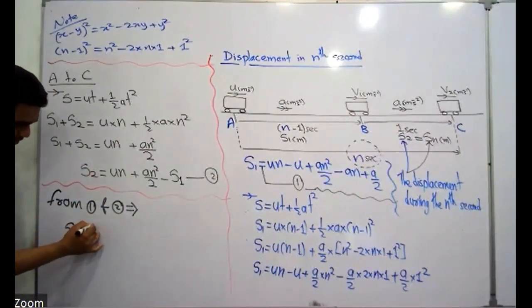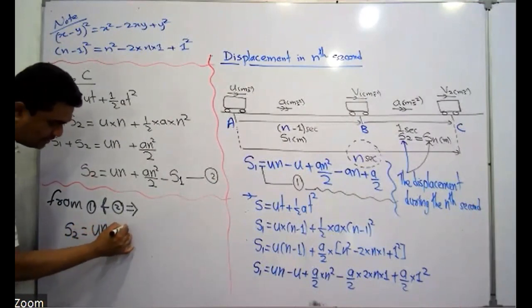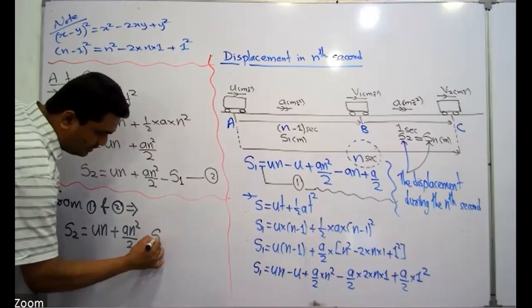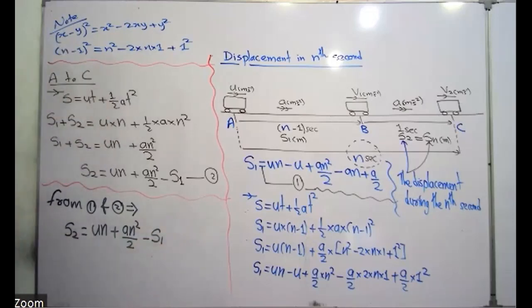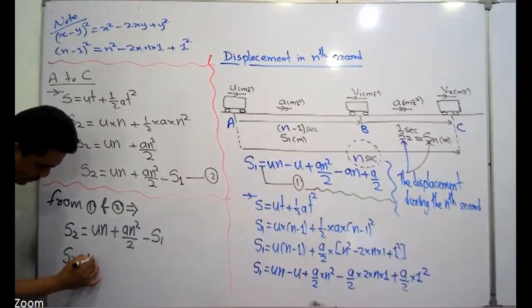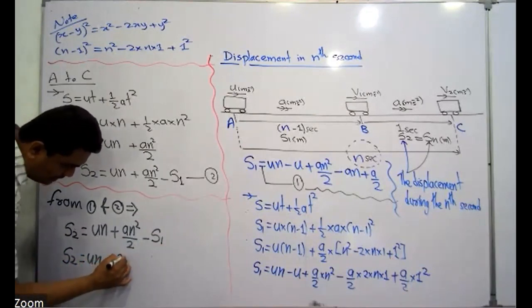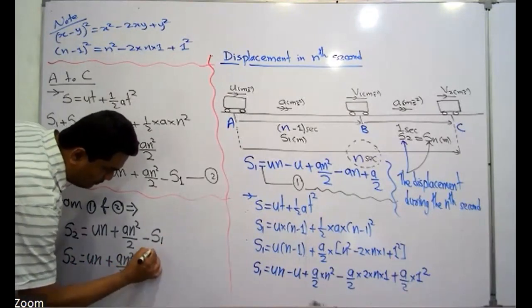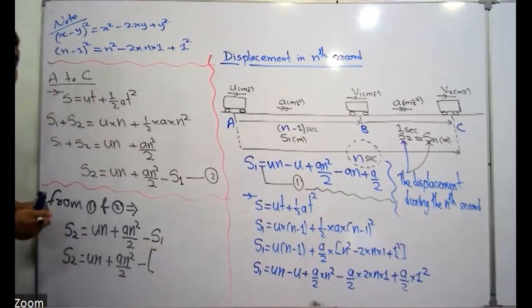S2 equals un plus an square over 2 minus S1. Right? When there's a minus sign, you must open the bracket.